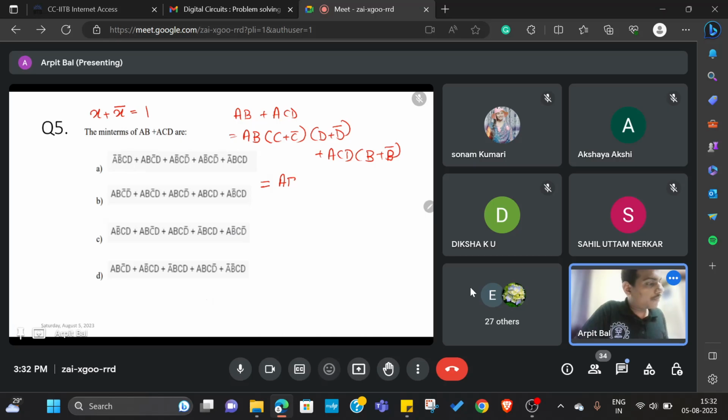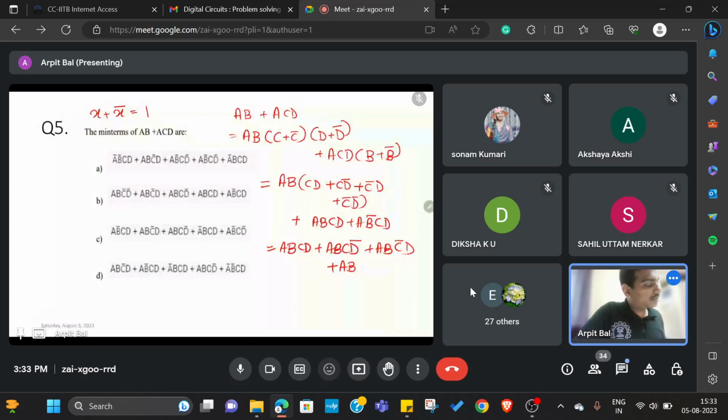So we will have AB into (CD plus CD bar plus C bar D plus C bar D bar) plus ABCD plus AB bar CD. If you further solve it, it will be ABCD plus ABCD bar plus ABC bar D plus ABC bar D bar plus AB bar CD.